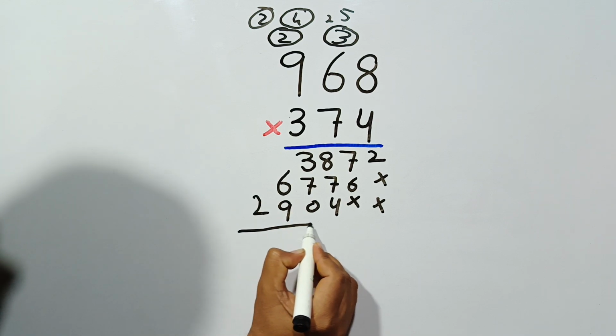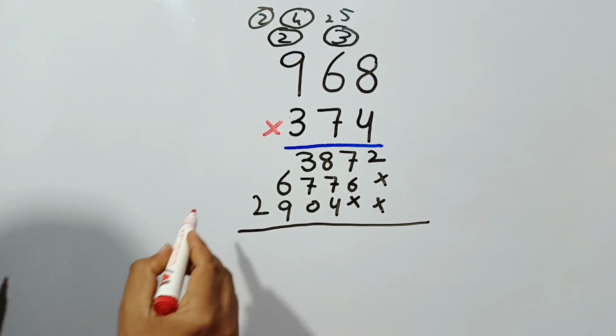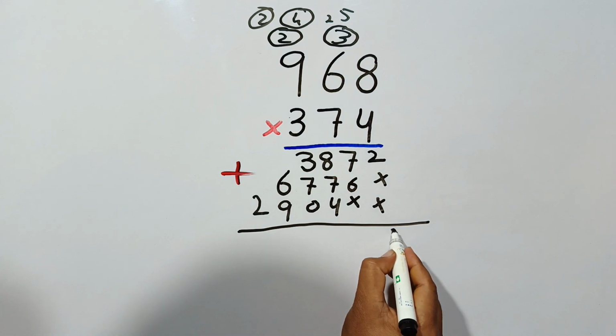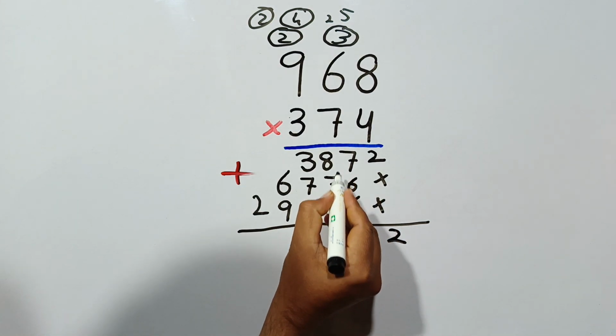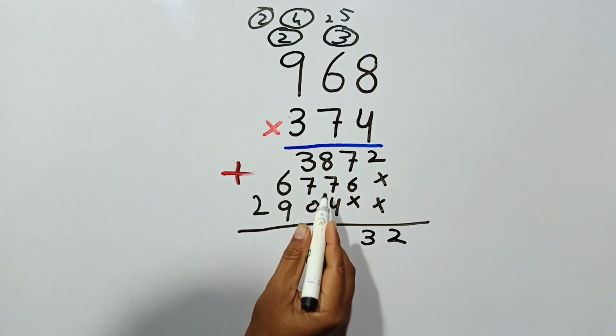Now, we are going to addition. All these numbers get from multiplication digit number. Now, 2 and next 7 plus 6 is 13, 1 carry.